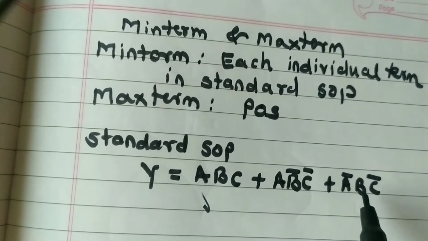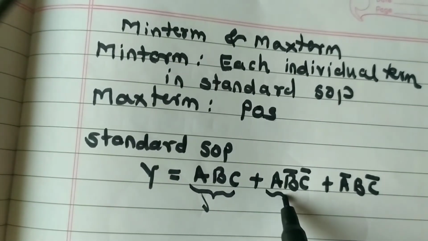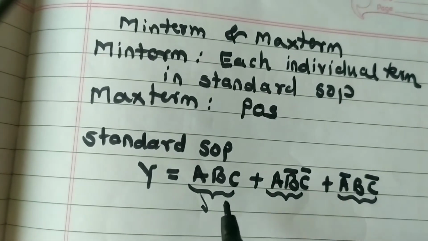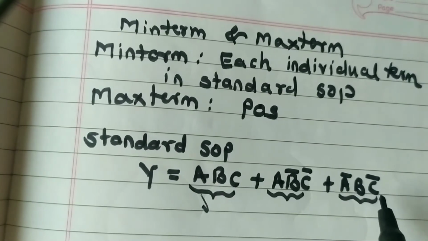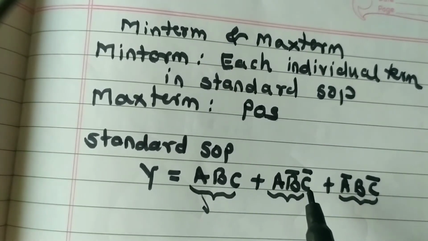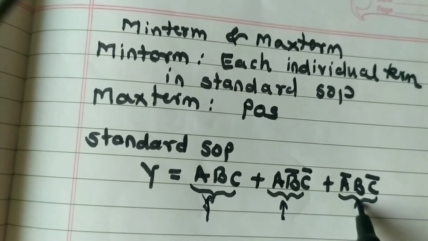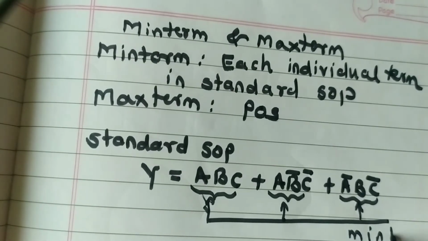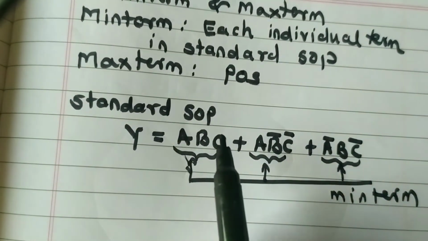This equation is called the standard SOP because each product term consists of all the input variables a, b, c in complemented or uncomplemented form. So these individual terms, the product terms, are called minterms. Okay, so this is the standard SOP equation.